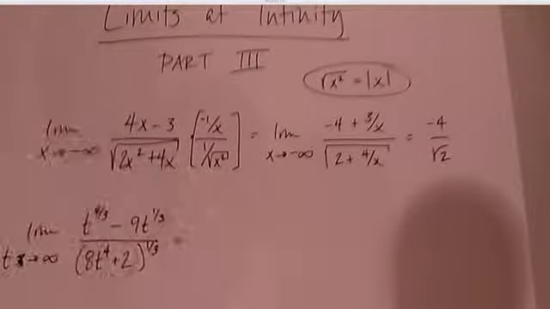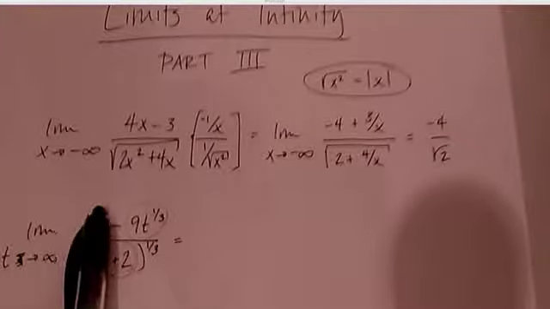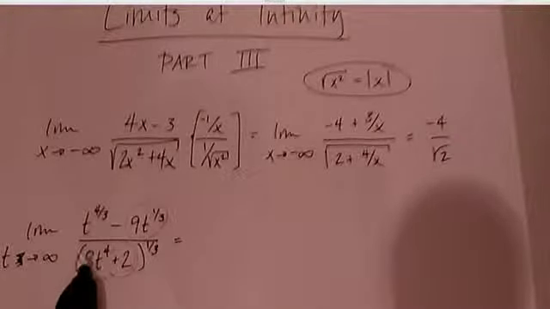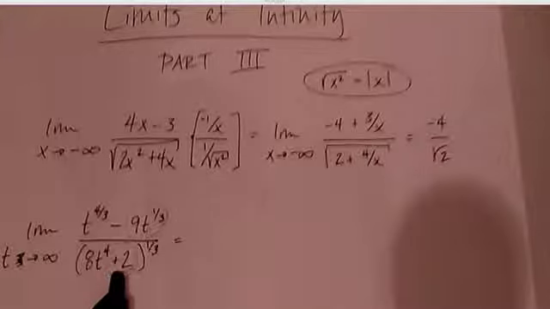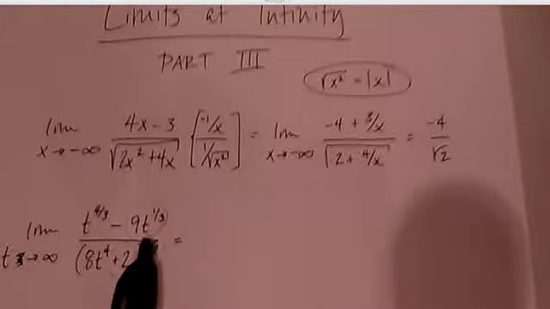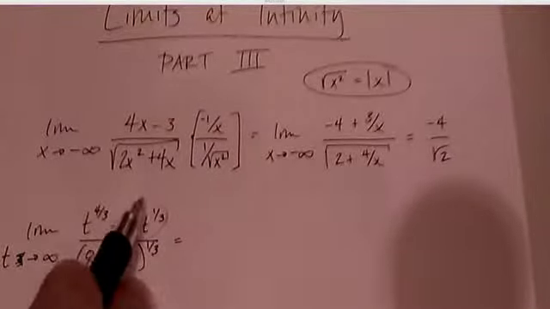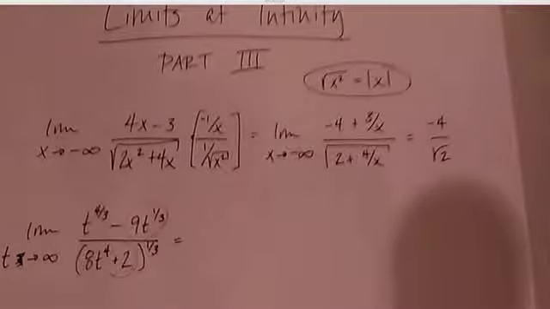Okay, as t goes to infinity, the t to the 4/3 right here and the 8t to the 4th right here, they start increasing. Now obviously that's increasing faster than a constant because a constant doesn't increase, so that 2 stays put as 2. But that 9t to the 1/3, it's increasing slower than t to the 4/3, and so much slower that it stops mattering what goes on there.